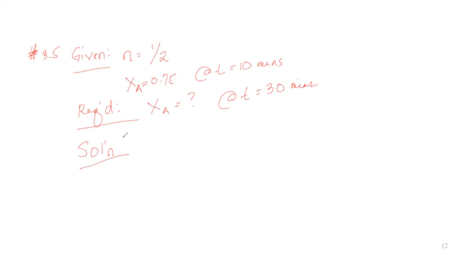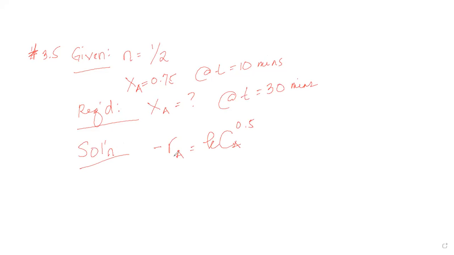Okay? Now, if we will write our rate law, given already the order of the reaction, that would be the rate being equal to the rate constant and its product with the concentration of A raised to 0.5. That's the order of our reaction.